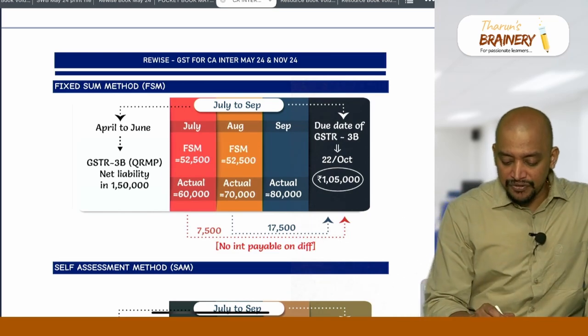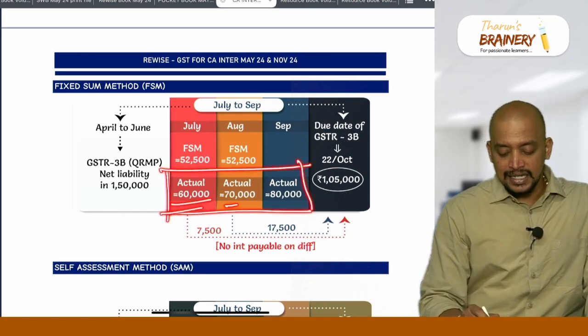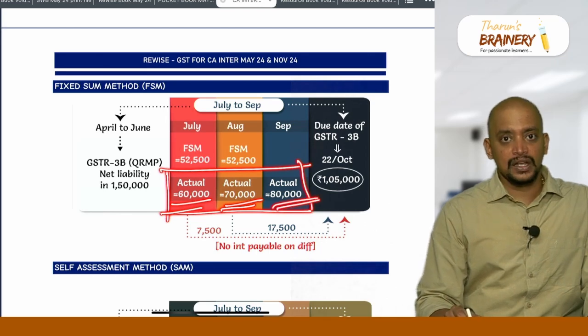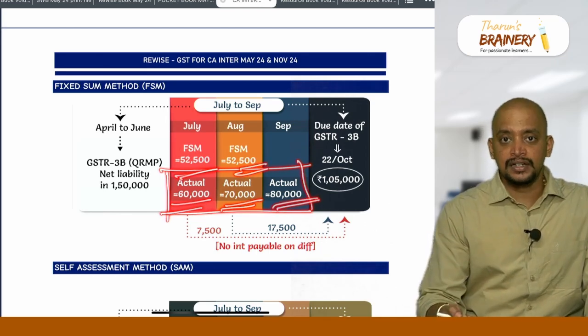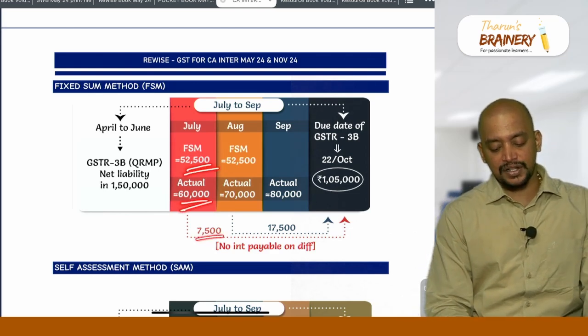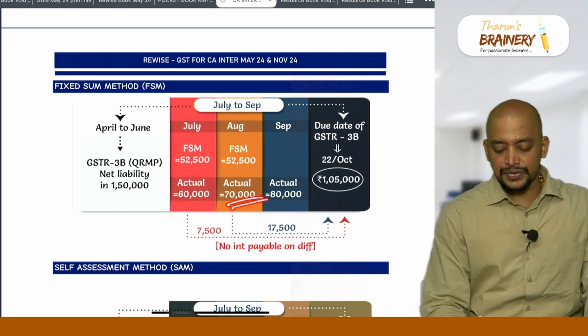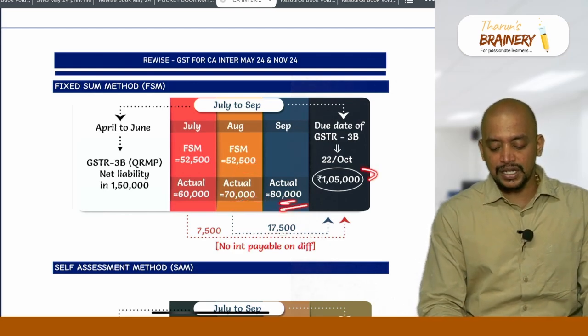Under the fixed sum method, the actual liability for July is 60, 70 and 80, minus the 52,500 you already paid. So that is the differential amount. 60 minus 52,500 is 7,500, 70,000 minus 52,500 is 17,500, plus 80,000, that is 1,05,000.